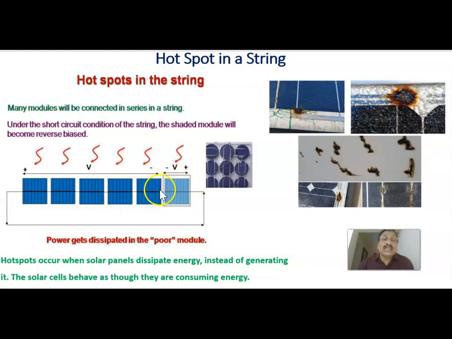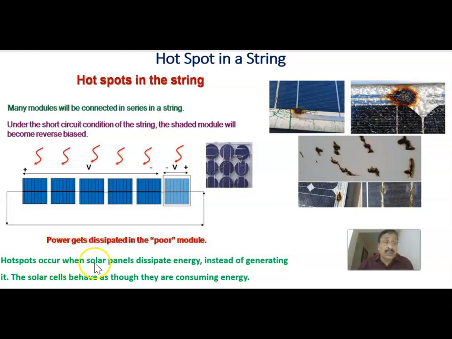The power gets dissipated in the poor module. Poor module means shaded module. The power will be dissipated and the hotspot will be formed in that one. Therefore, that is the effect of partial shading.